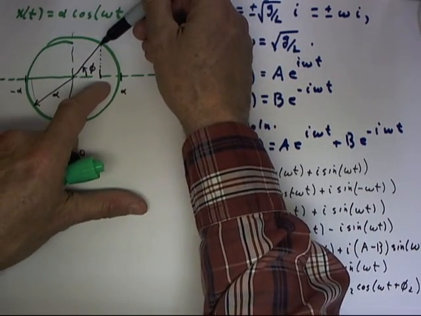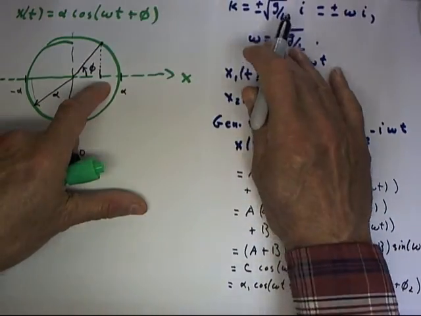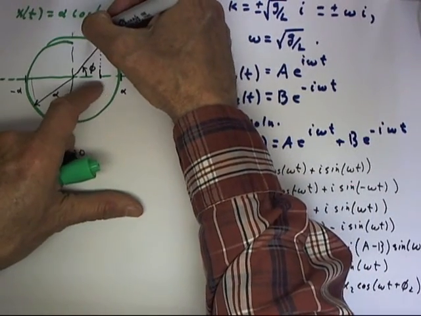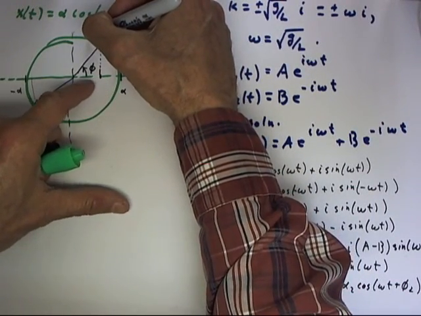Starting at this point, as we move around the circle, as we move from here to here, the x-coordinate will follow.